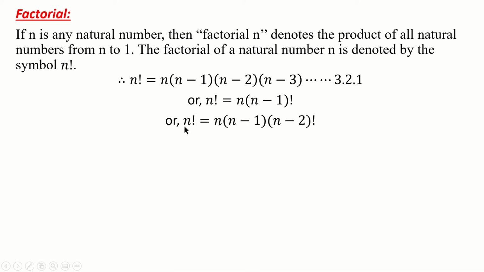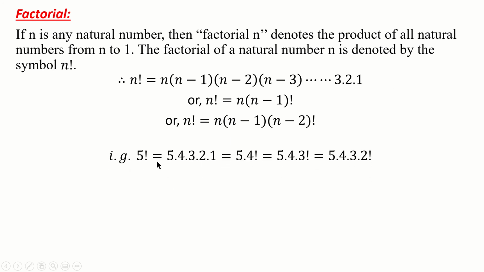Also this equals n into n minus 1 into (n minus 2) factorial, where (n minus 2) factorial means the product from n minus 2 to 1. That means from here to here, we can write this.